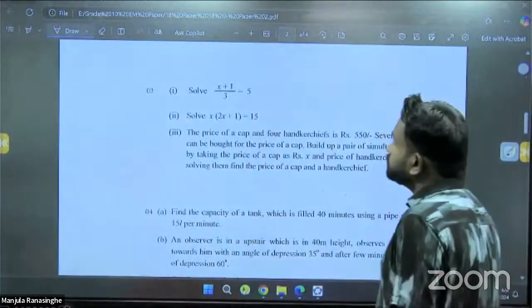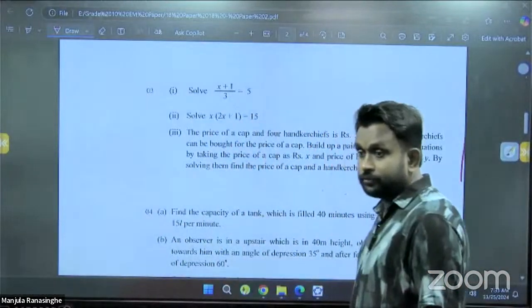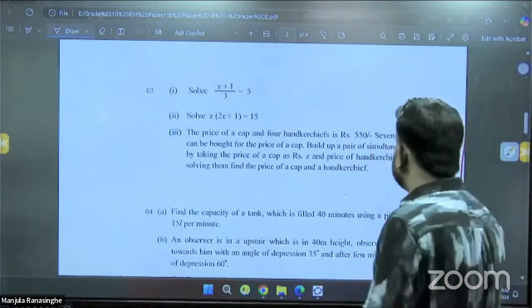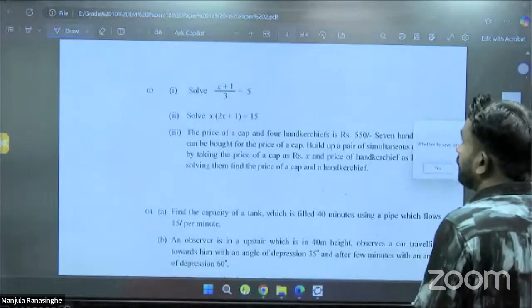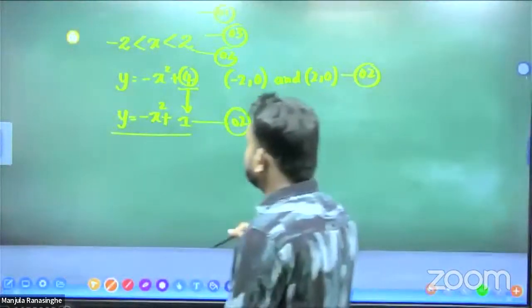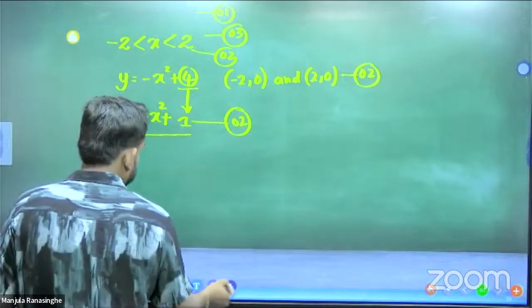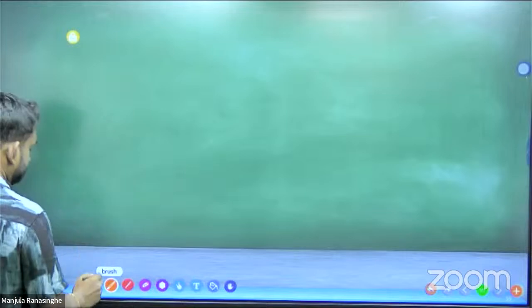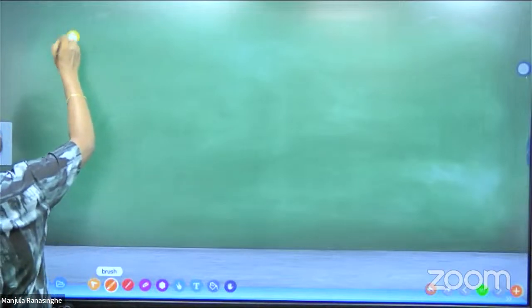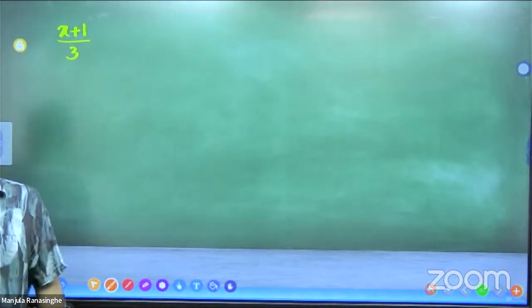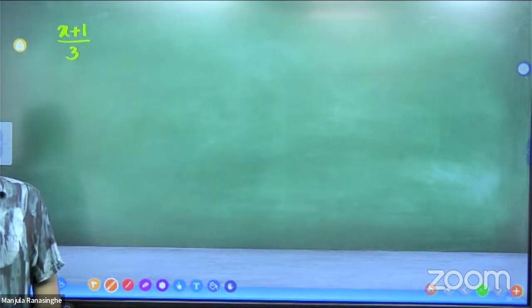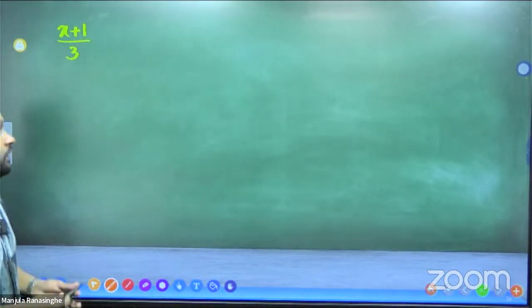I can do it in this diagram even. x plus 1 upon 3 equal to 5. See here, x plus 1 upon 3 equal to 5.